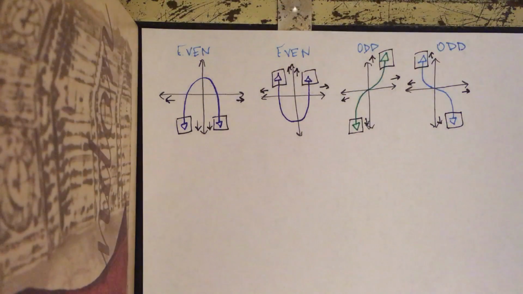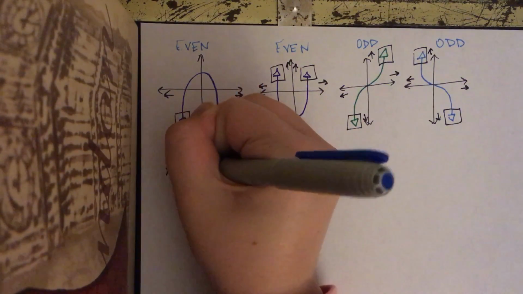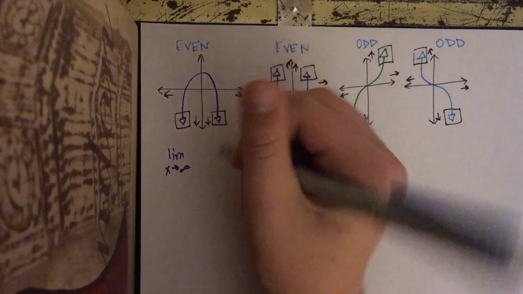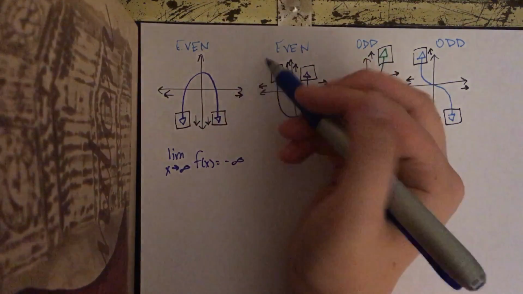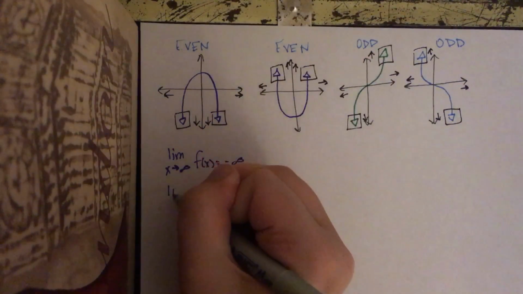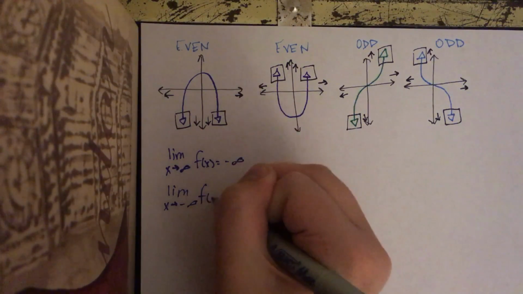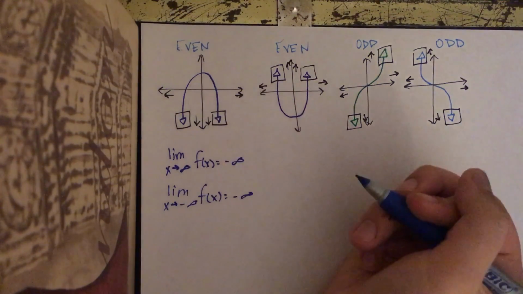So now that we know if end behavior is even or odd, let's put it back into limit notation. So for this function, we'll say that as x approaches positive infinity, y approaches negative infinity. And also for this function, as x approaches negative infinity, y equals negative infinity again.